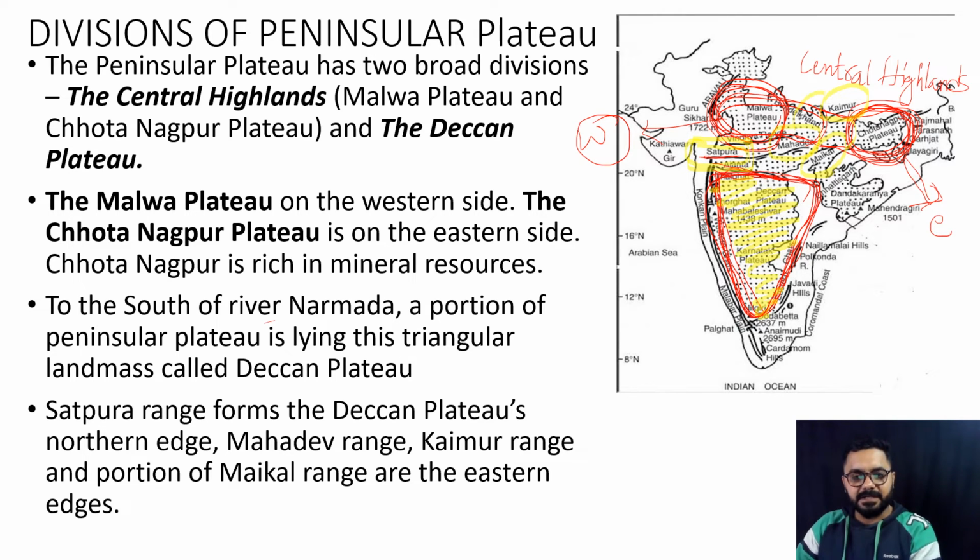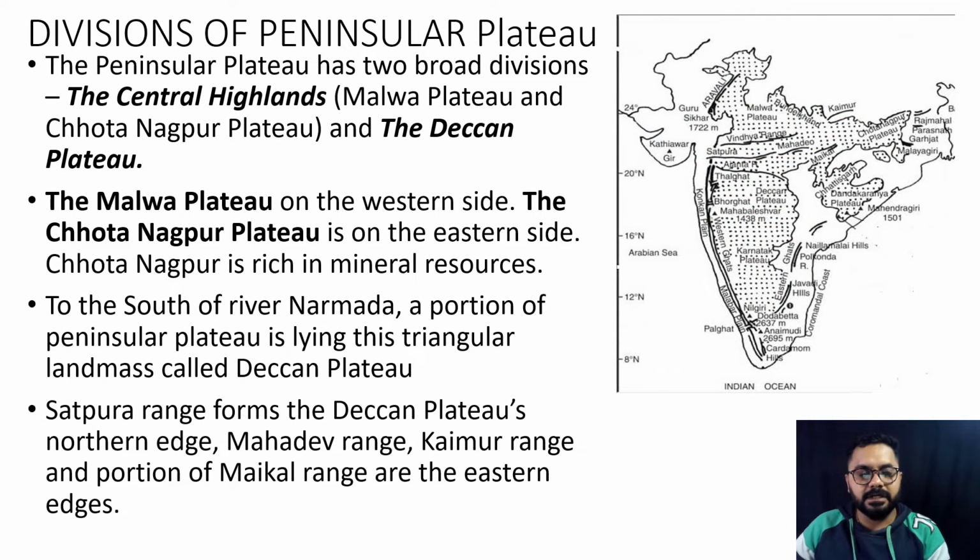Now let us look at some of the important locations in the Peninsular Plateau. Let me erase this and locate some important places. First, let us locate the Chota Nagpur Plateau.